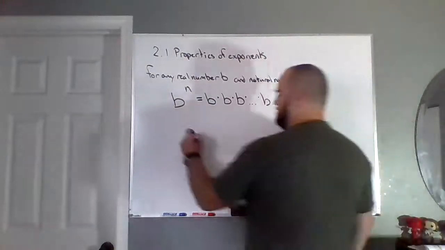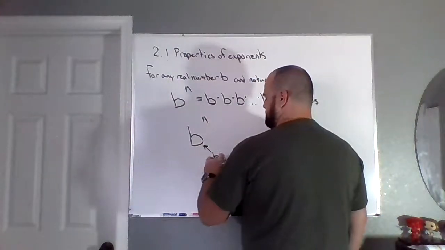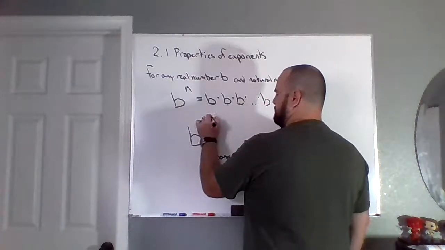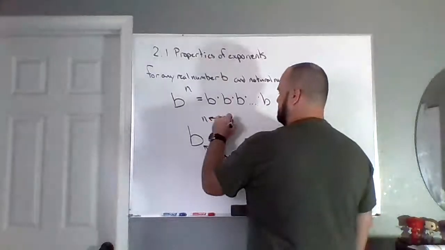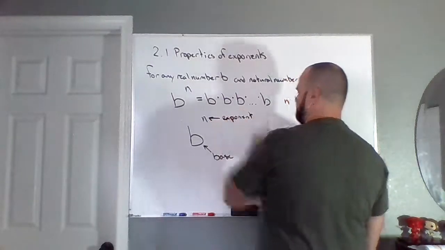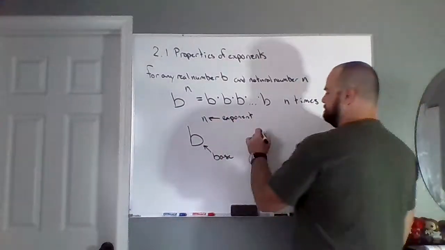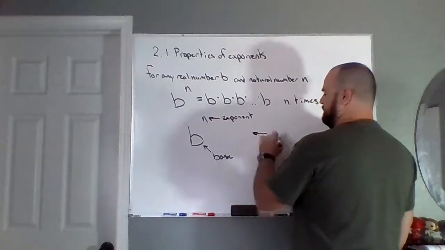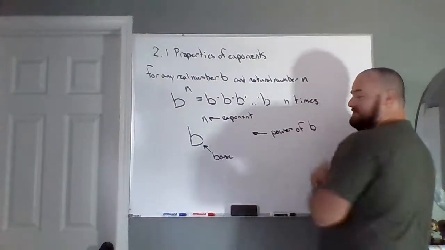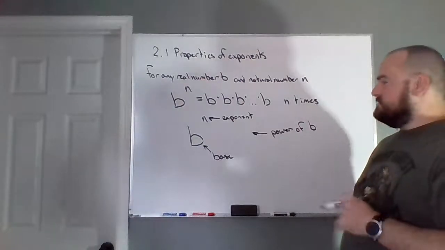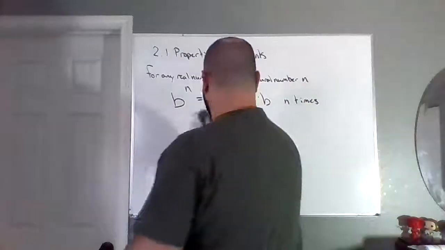And so to get some vocab for us, b to the n, we call this the base. So the b is the base of our exponent. Okay, n is our exponent itself. And we say that the entire thing is a power of b.